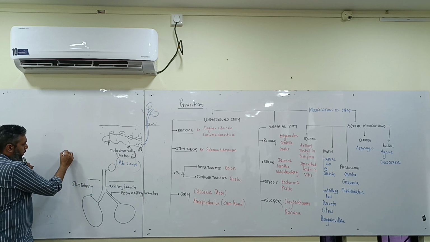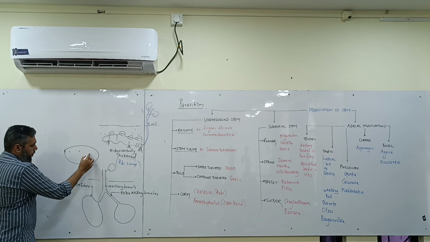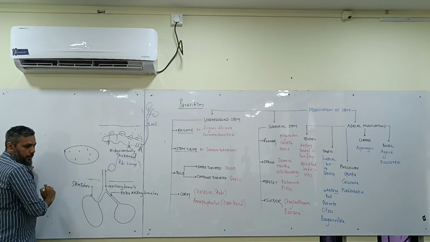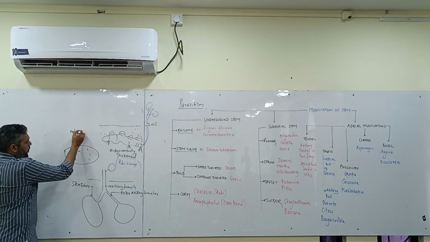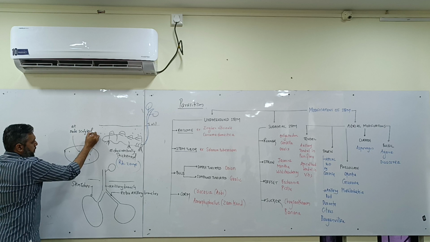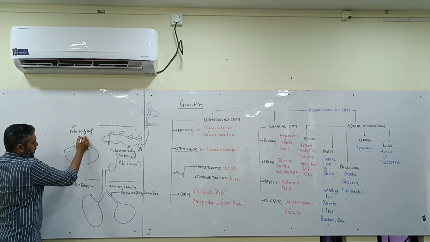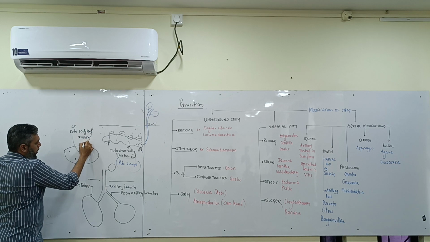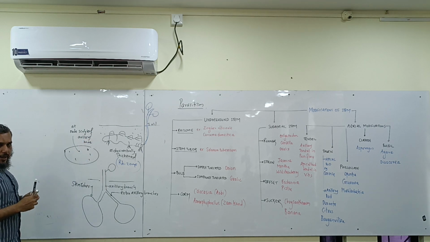So if you remove the potato, it will show the presence of nodes and internodes. At the node, there will be a scaly leaf and there will be a bud. So what will that bud be called? Axillary bud. Because it is there in the axil of the scaly leaf.